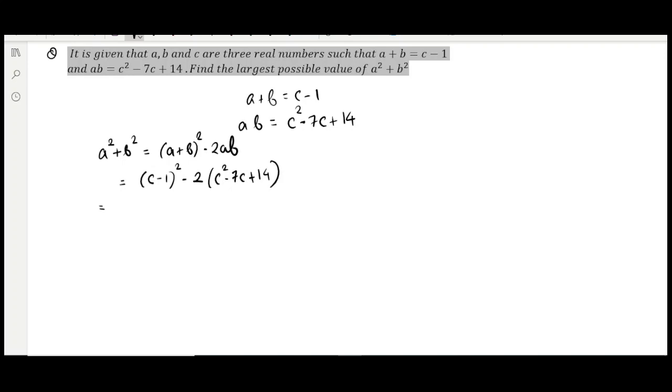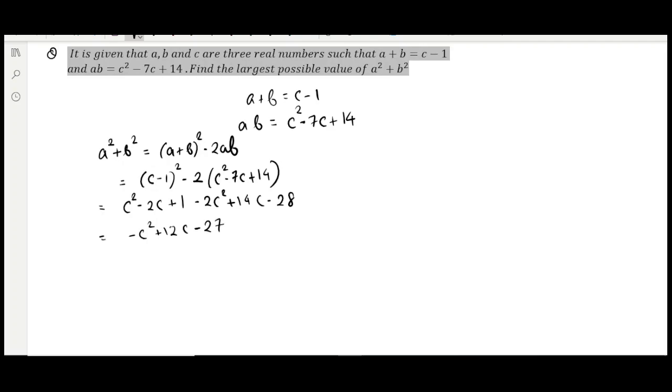This will be equal to c square minus 2c plus 1 minus 2c square plus 14c minus 28. Correct? Now c square minus 2c square is minus c square, minus 2c plus 14c is plus 12c, and 1 minus 28 is minus 27.